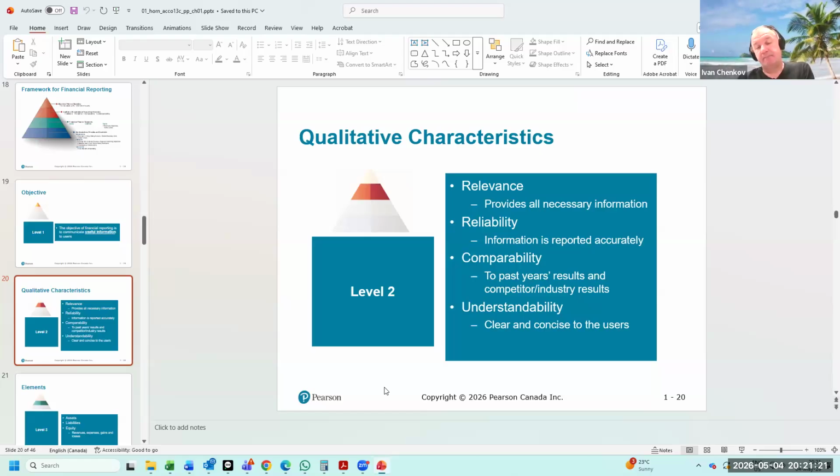But as a general qualitative characteristic, in order for the reports to have quality, the information has to be presented in language which is understandable, clear, and concise for the users.